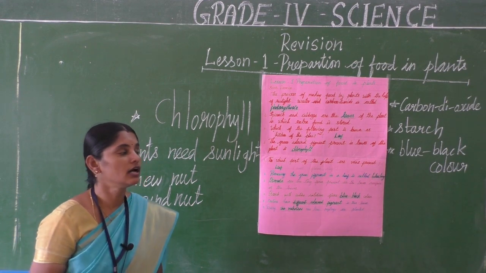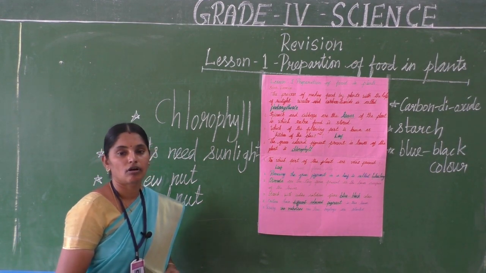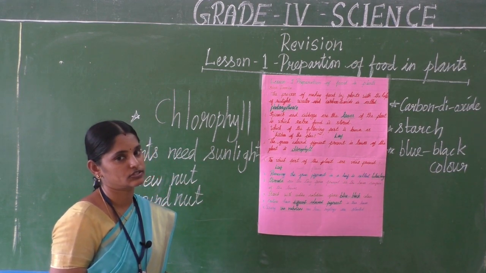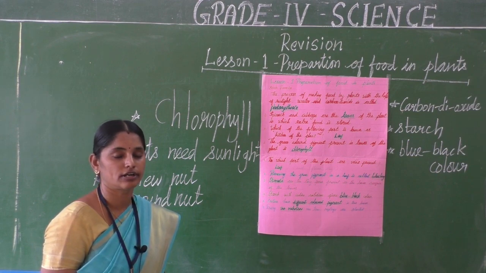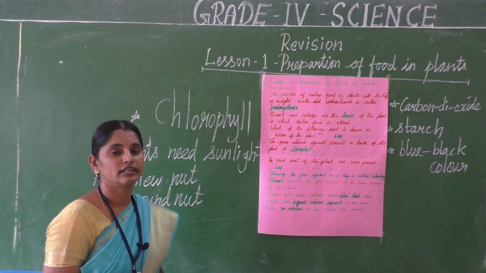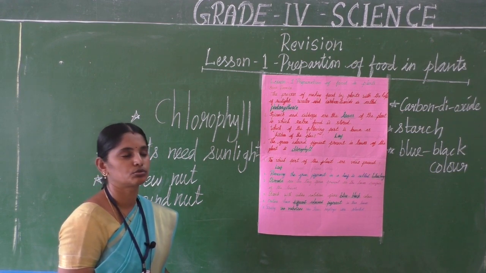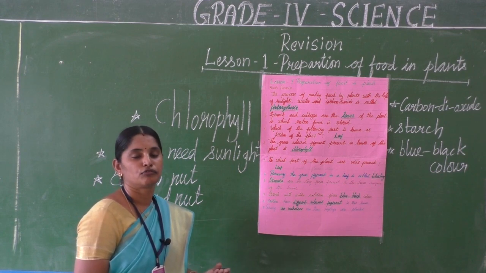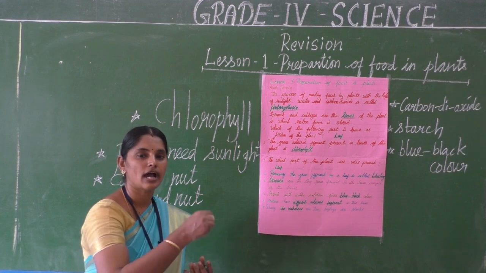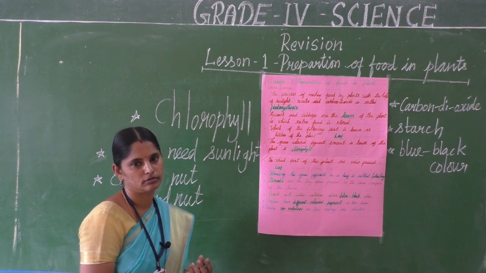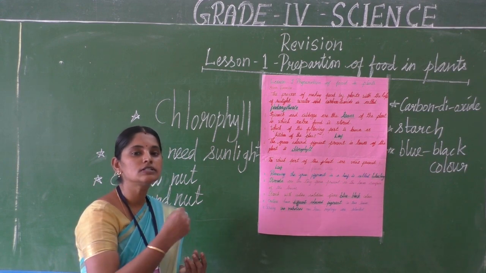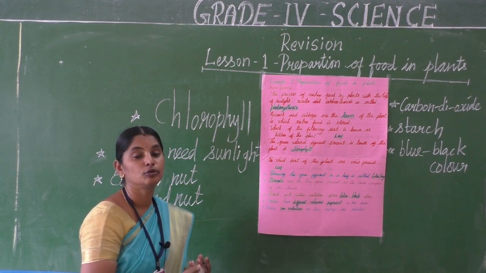If you notice the video of the first lesson, in the first video itself I explained about the starch test. The solution called iodine is in red color. If we add that solution to food which is rich in carbohydrate, starch, those food particles turn blue black.